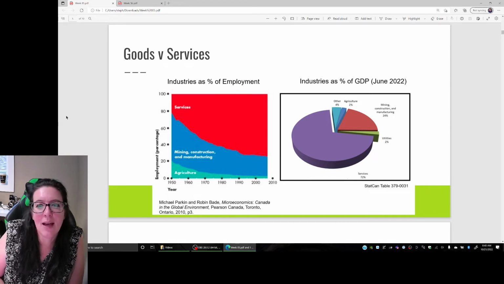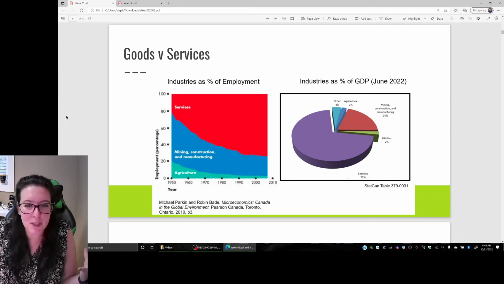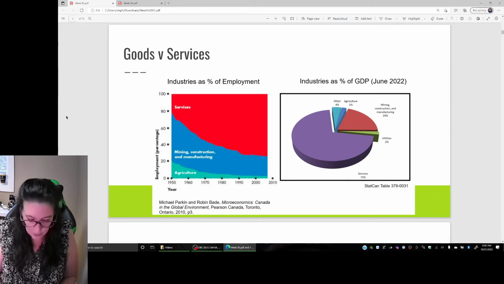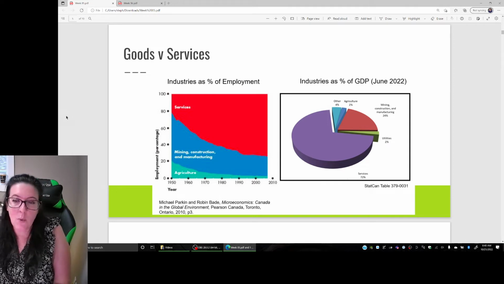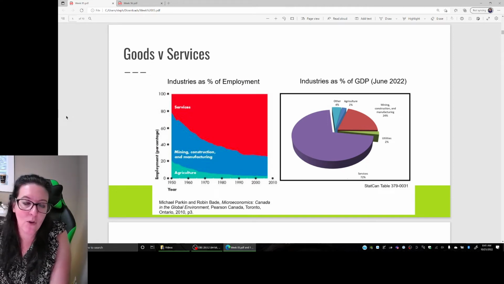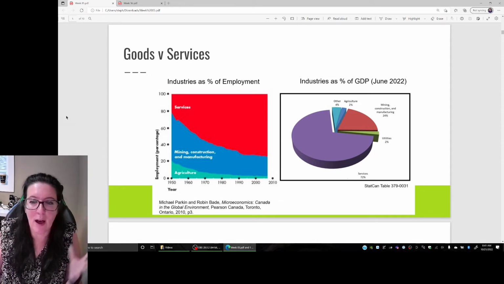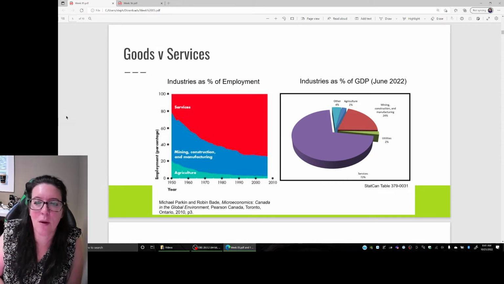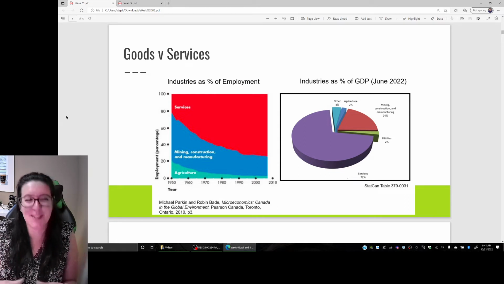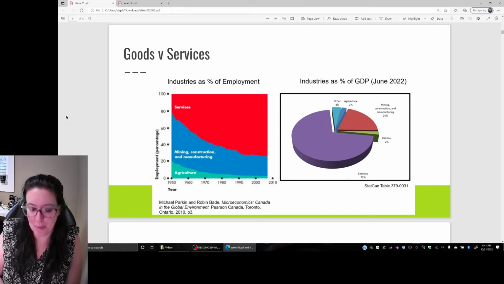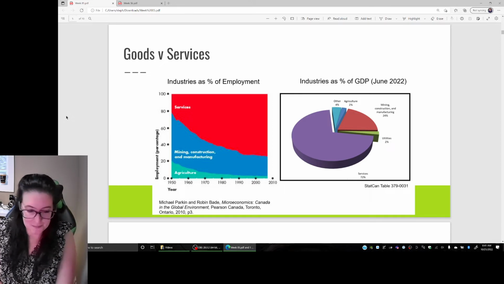And if we look at our GDP, gross domestic product, the total value of everything we make, we can see that in terms of value, 72% of the total value of everything we make comes from services. So in Canada, our jobs, our money, all comes from providing services.